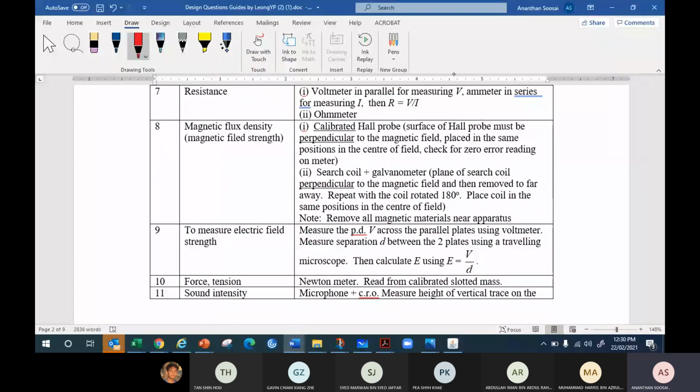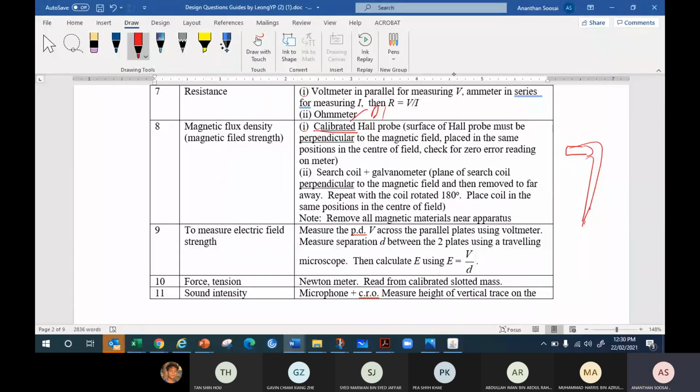We learned about the Hall probe in magnetic fields last time. A Hall probe is a device that measures magnetic field strength. One student said use a Hall probe to measure magnetic field strength. Another student said use a calibrated Hall probe, so you get an extra detail mark for calibrated.